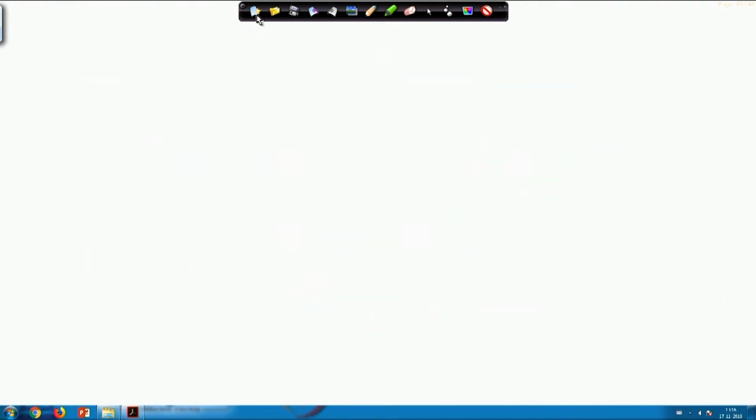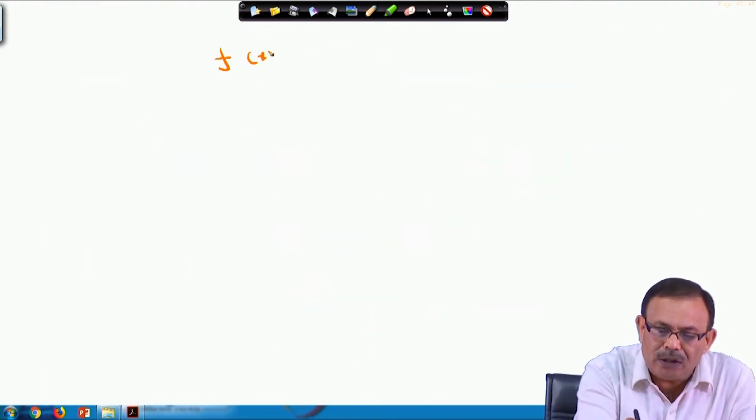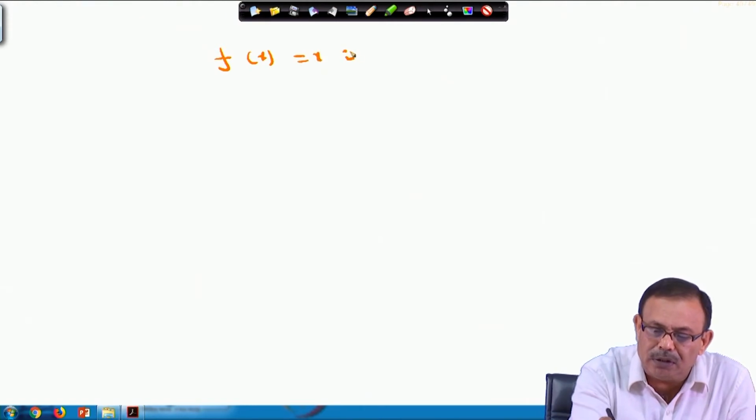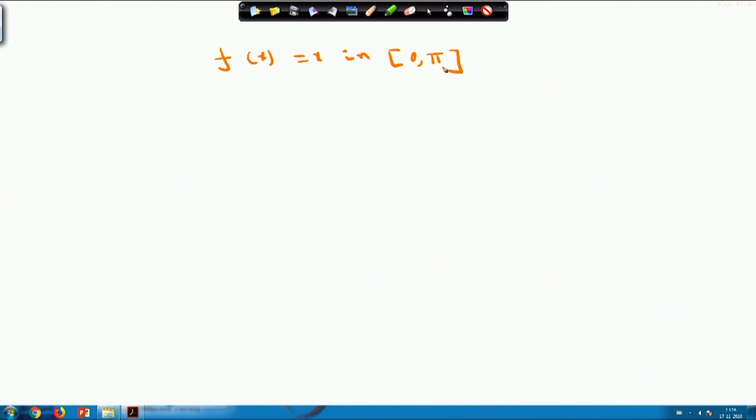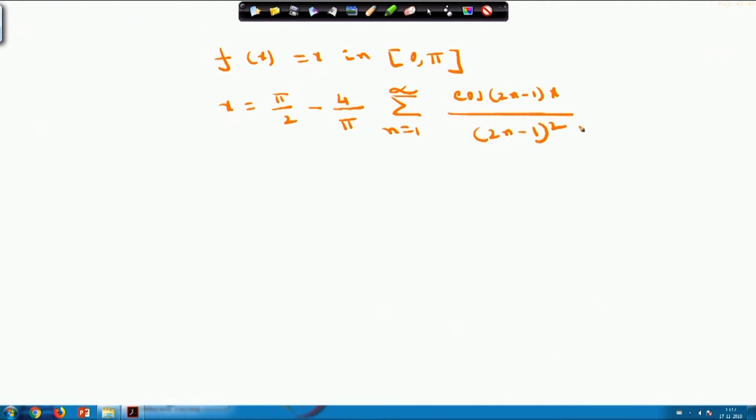Now f(x) equals x in 0 to pi we can define as a cosine series: x equals pi by 2 minus 4 by pi summation n equals 1 to infinity cos((2n minus 1)x) by (2n minus 1) whole square.